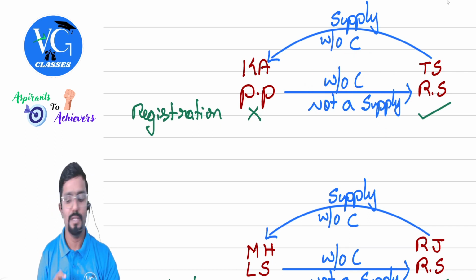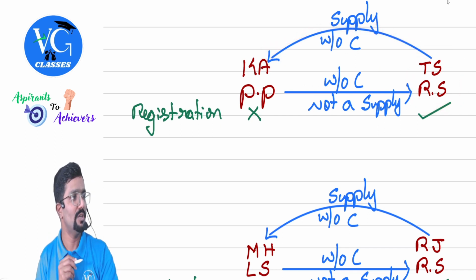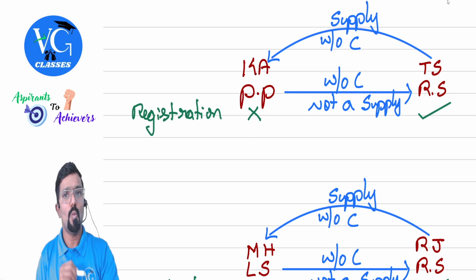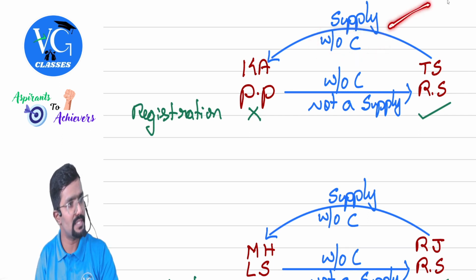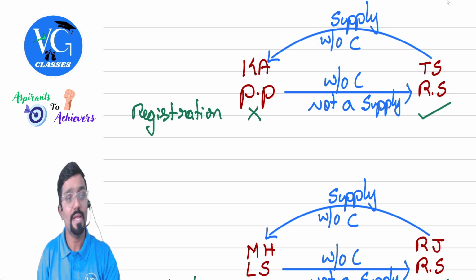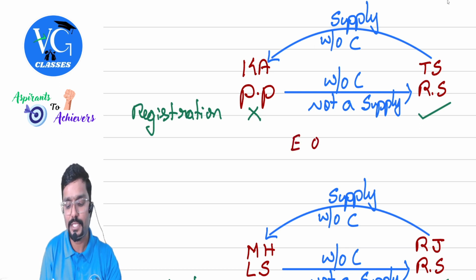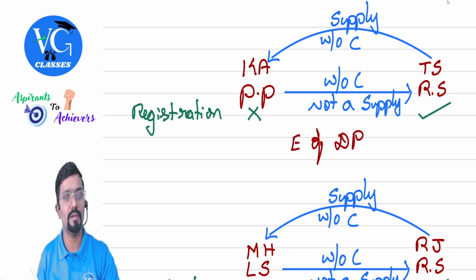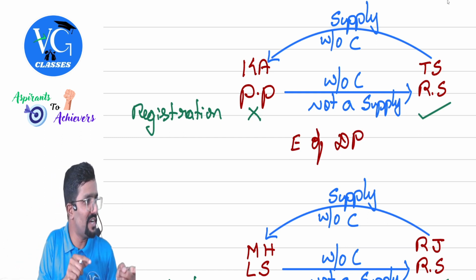Got it? Yes. Sir, what if by chance they gave some service to the Karnataka branch without consideration? Is it a supply? Yes, it is a supply. Why so? Because we call this too as the establishment of a distinct person. They are not registered separately. One branch is registered, another branch is not registered.